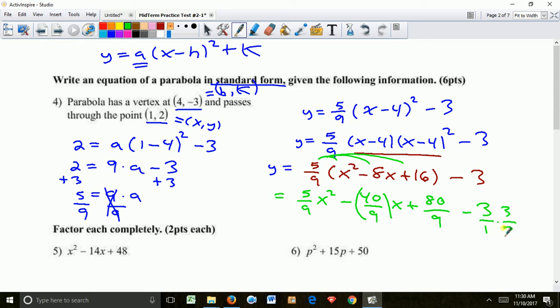So we got to multiply top and bottom by 9, not by 3. So in this case, you'd finally get 5/9 x squared minus 40/9 x plus 80 minus 27, and how much is that? 53? 53/9. So there it is in standard form. A is 5/9, B is negative 40 over 9, and then C is 53 over 9.